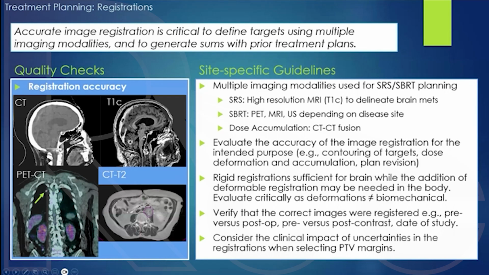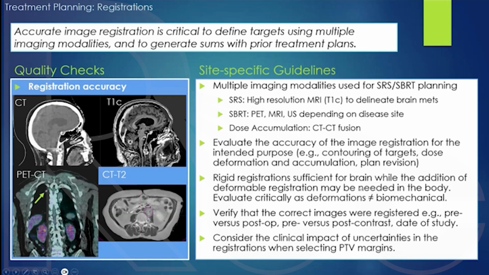To reiterate Dr. Lin's point, it's very important to evaluate the accuracy of image registration for the intended purpose. That is, whether contouring targets, performing a dose deformation and accumulation, or revising a treatment plan based on changing anatomy. Rigid registrations are sufficient for the brain, while the addition of deformable registration may be needed in the body.